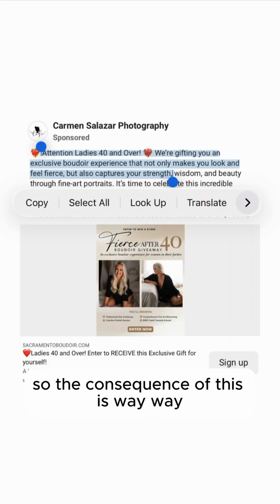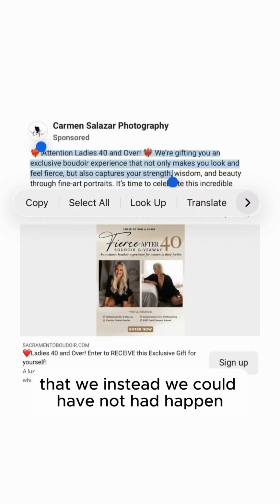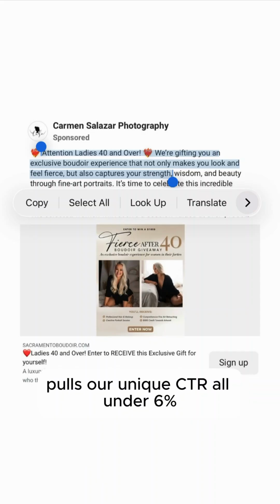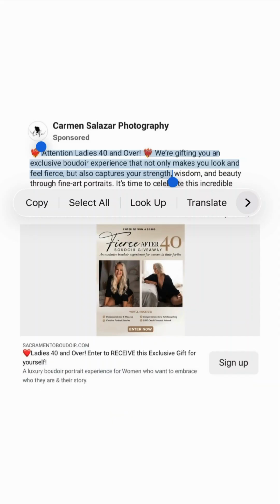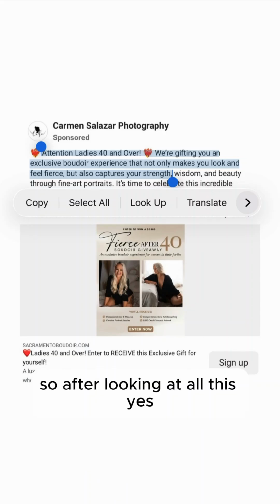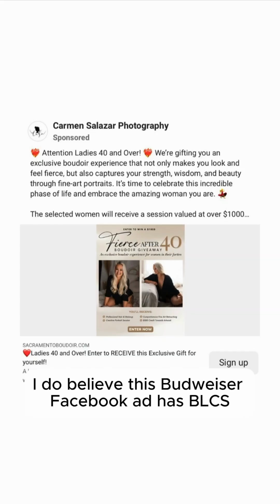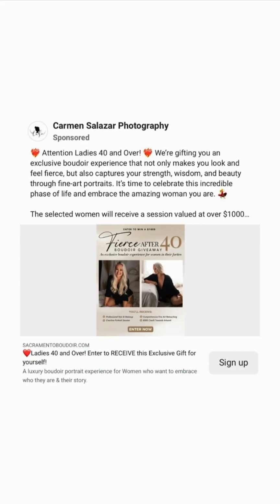So the consequence of this is way, way, way more women scrolling by our ad than necessary that we could have not had happen, and pulls our unique CTR all under 6% and actually increases the probability that we have BLCS, aka boudoir low click syndrome. So after looking at all this, yes, I do believe this boudoir Facebook ad has BLCS, boudoir low click syndrome, aka a unique CTR all under 6%.